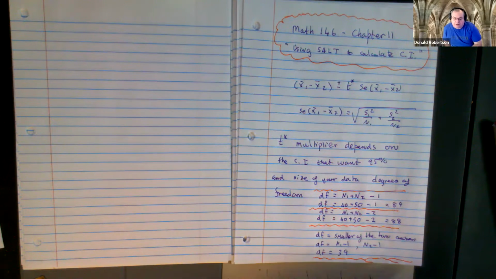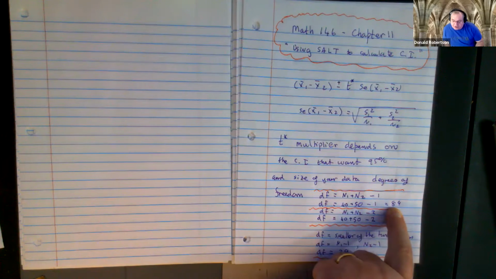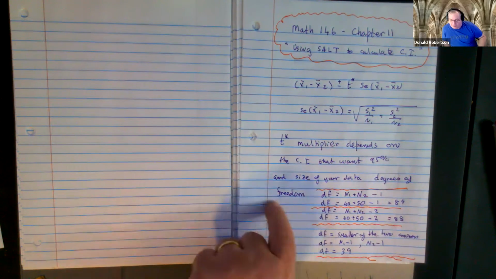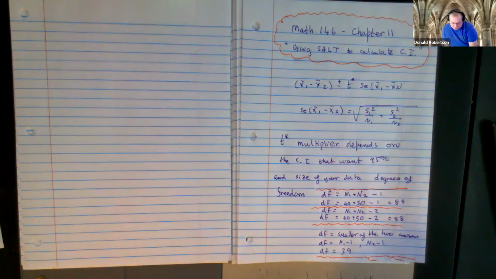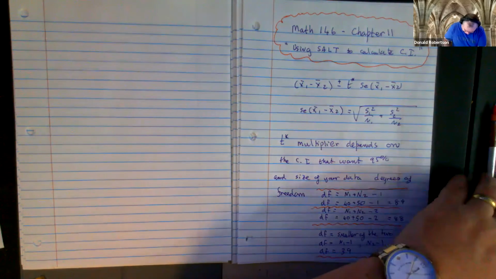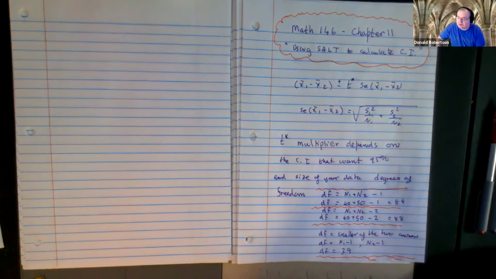So you're going to look at a question where if you just add the two data sets together, you might think that the degrees of freedom are 89 or 88 or even 39, and you find out that the answer is 47.12, and you wonder where that came from. That's because it probably used a weird formula that I'm not writing down over here. So don't be concerned about why the degrees of freedom are not what I think they should be.